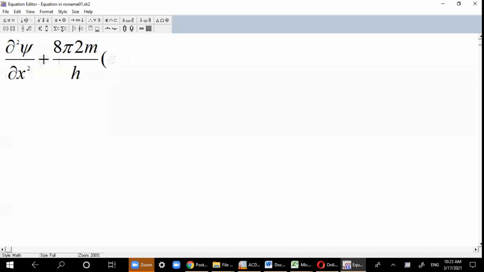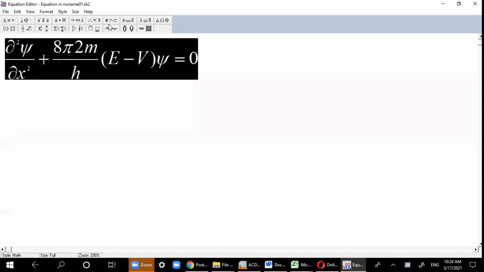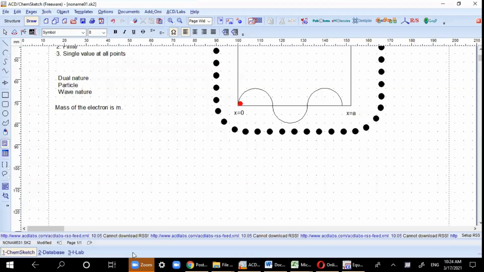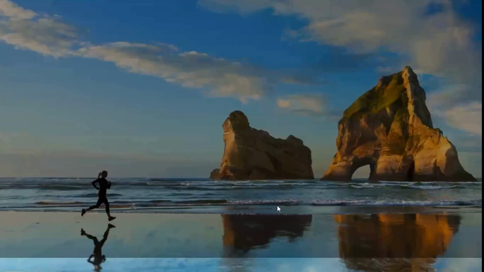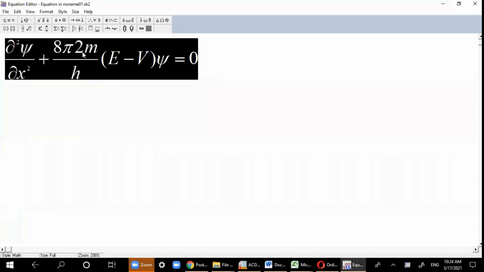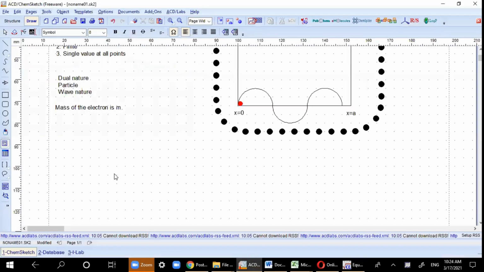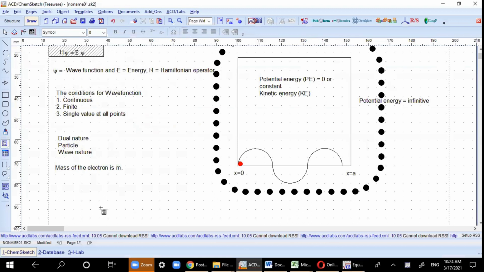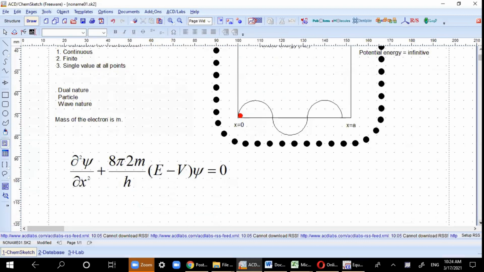You know what the potential energy is. We will write it with capital V. Instead of writing H psi and E psi, in the one-dimensional box only one parameter will be here.